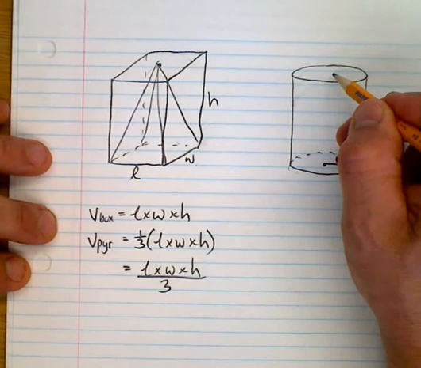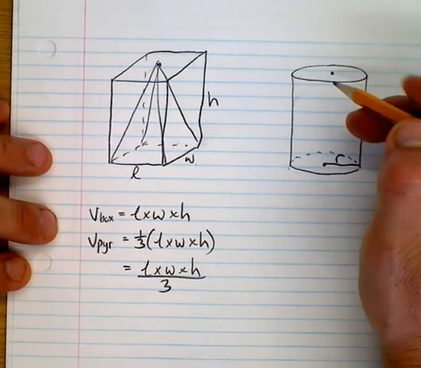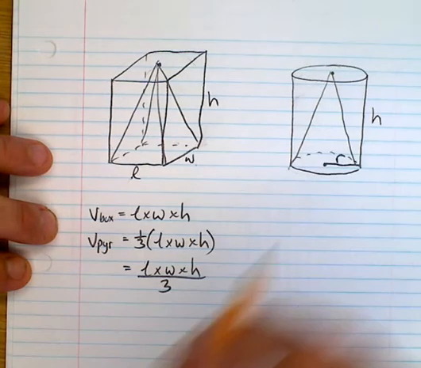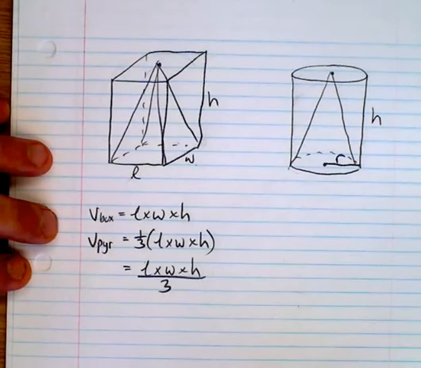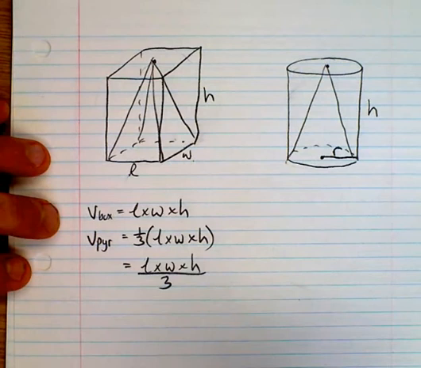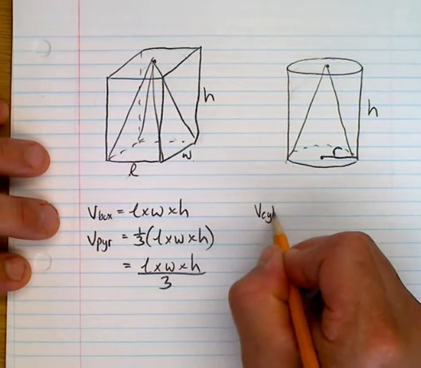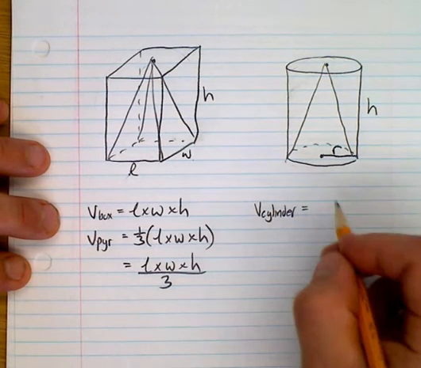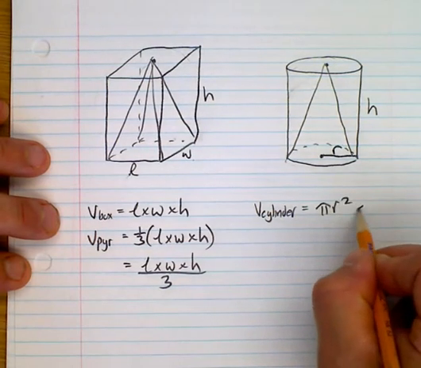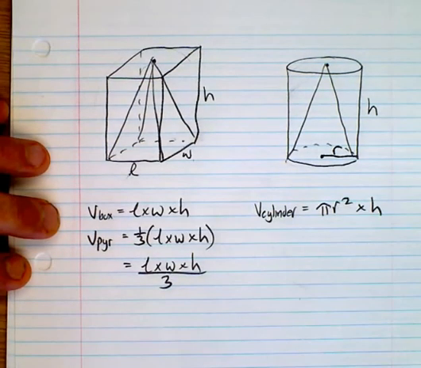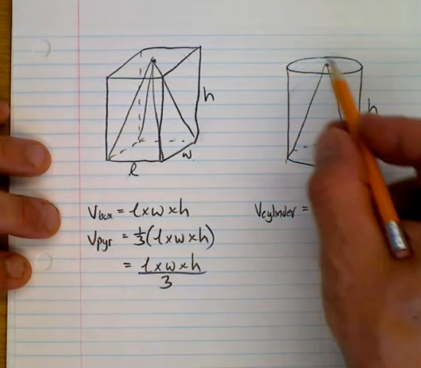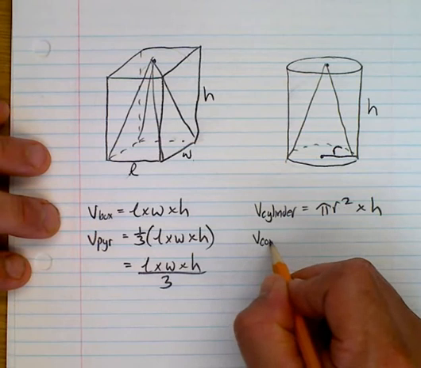Similarly here with a cone, put a point on the top, what they call the apex, and I'll draw the 2 edges. So you can see that the cone fits inside the cylinder. So the volume of a cylinder, if you can remember, is equal to the area of the base, which is pi r squared, times the height. Now what do you think the volume would be of a cone?